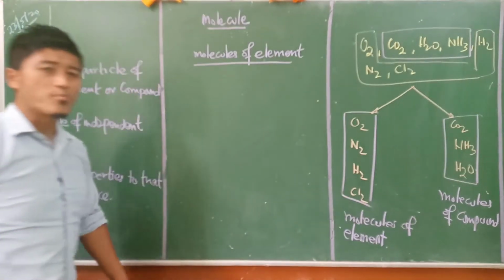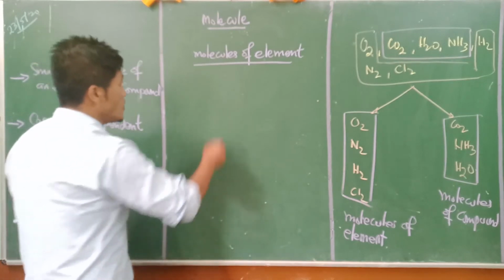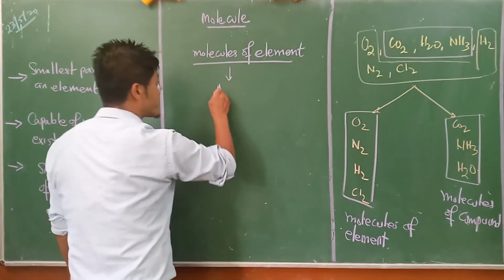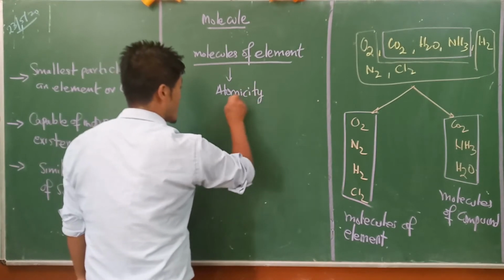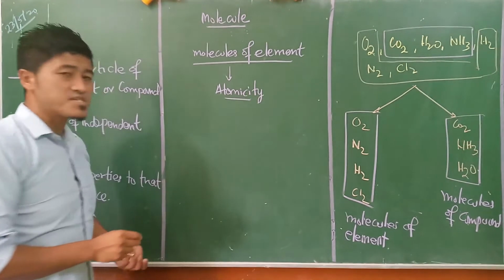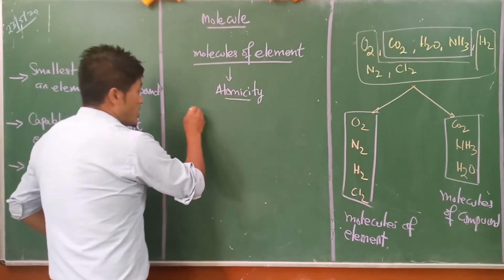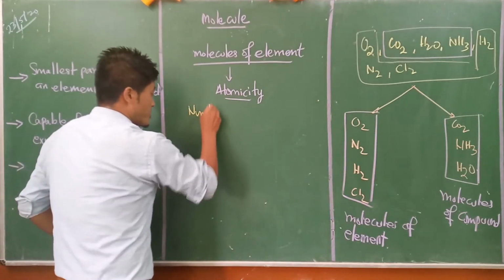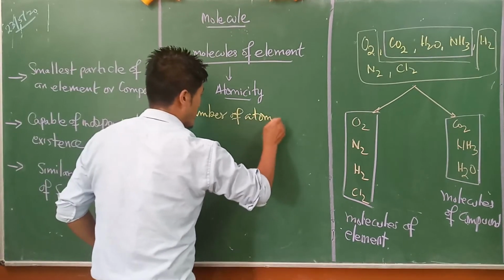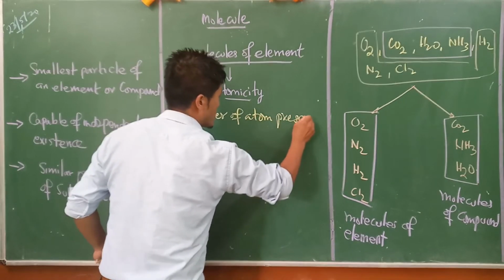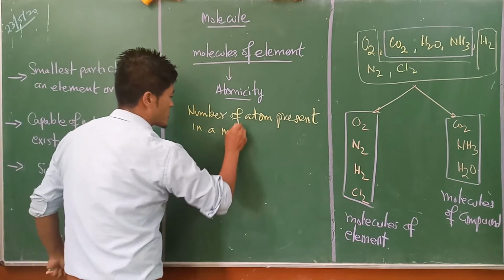When we talk about molecules of element, we come across a certain point called atomicity. Atomicity is defined as the number of atoms present in a molecule.